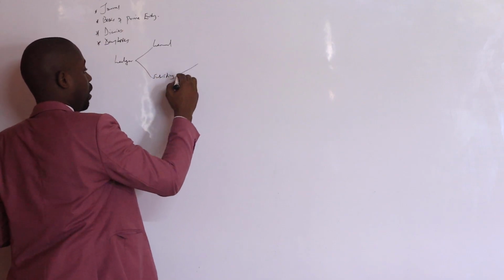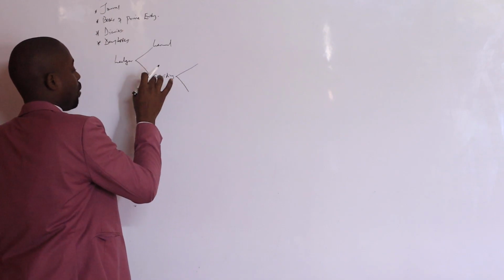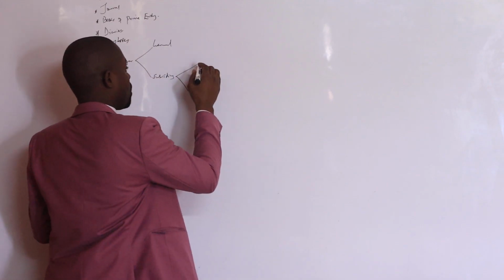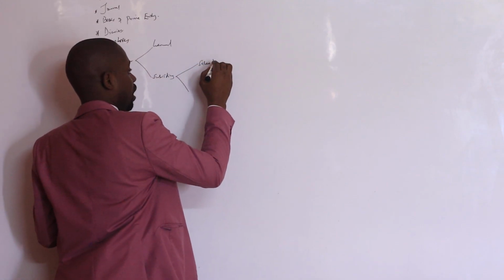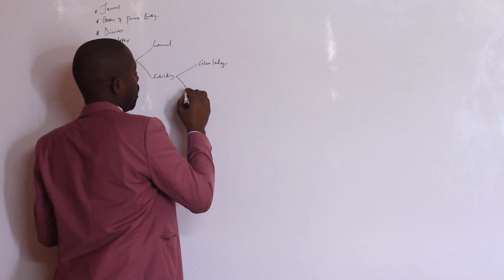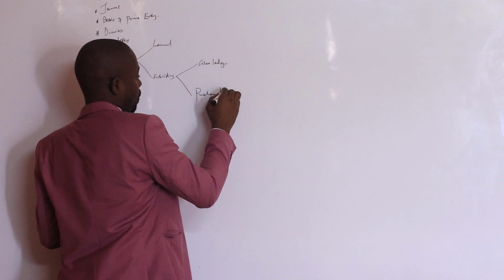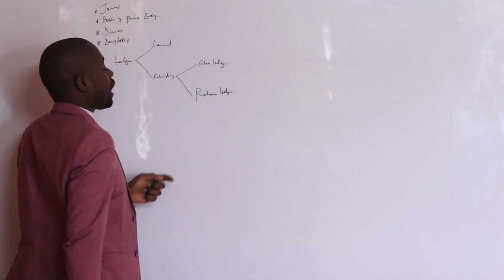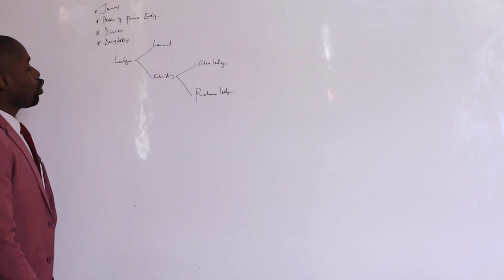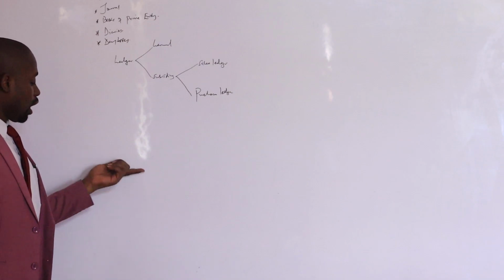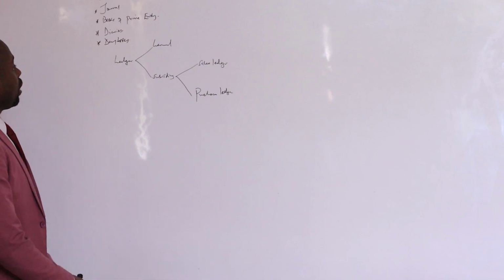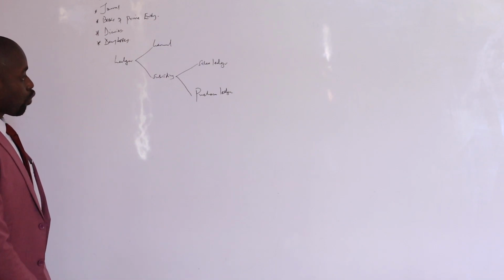And then on subsidiary, we said these are sub-ledgers that provide information to be used in preparing the sales ledger or sales account and purchase account or purchase ledger. So now we are there. So how do we get information? How do we record information relating to sale of goods, purchase of goods, return in and return out?